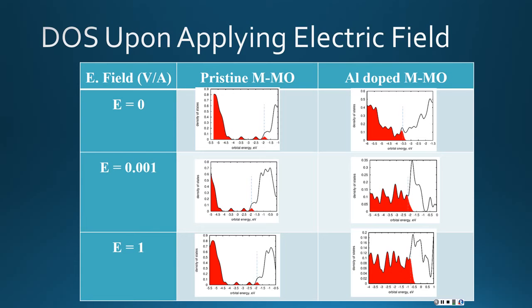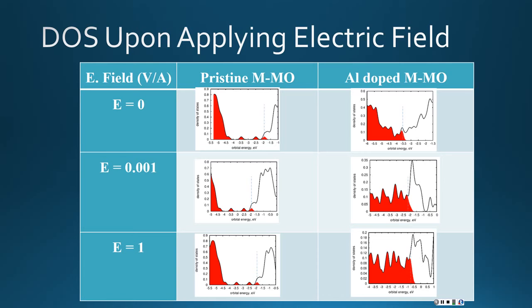But when I put in the aluminum dopant, it gives more continuous orbital occupations, and the overlap of the unoccupied states by electrons is also higher than in the undoped system.